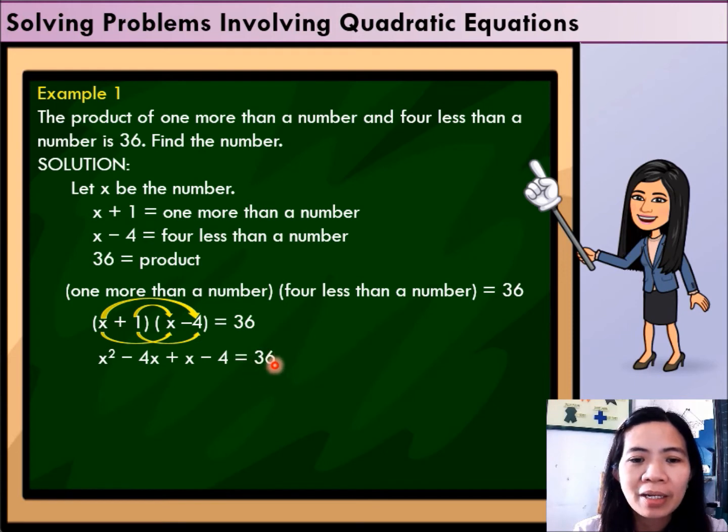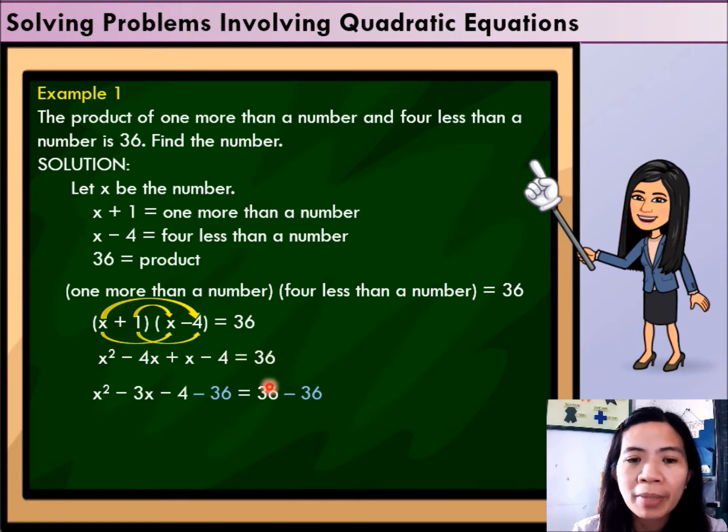So we copy the right side of the equation. Now, after this, we are going to simplify the left side of our equation by combining the like terms. What are the like terms? Negative 4x and positive x. So it will be x squared, minus 4 plus 1 will be negative 3x, copy the minus 4. And then remember, we are going to equate this to 0.